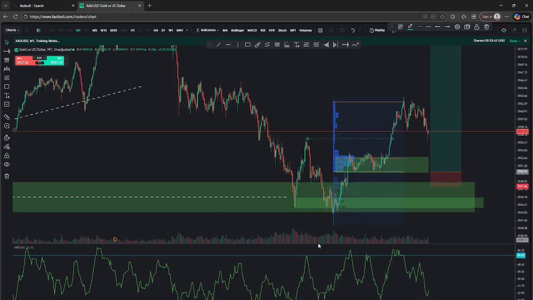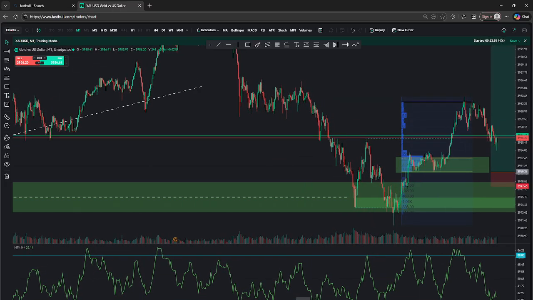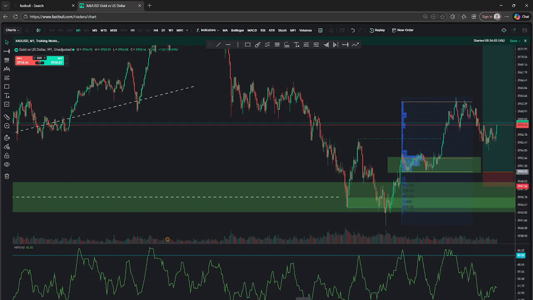Let's see how this plays out. So we should make sure the value is not above the 50% level. So it's in a good zone. So let's see how it plays out. Hopefully we'll get tagged.